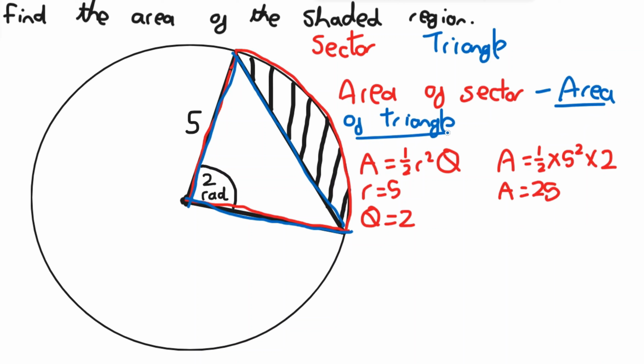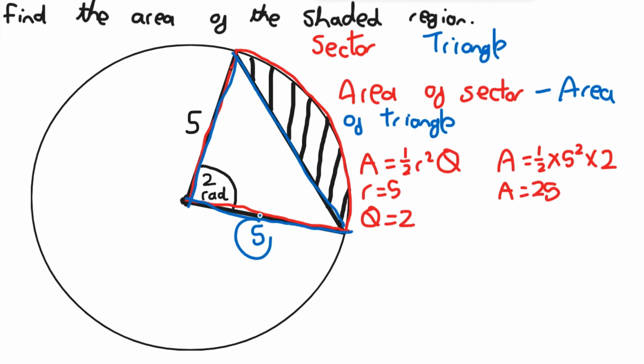And now we need to find the area of the triangle. So we have this side here and we have this angle, but remember that this is also the radius, so this here is also going to be 5. That means we have two sides of the triangle and the angle in between. Go back to year 1, to the area of triangles video, if you need a reminder.